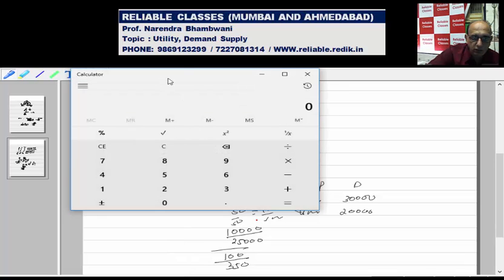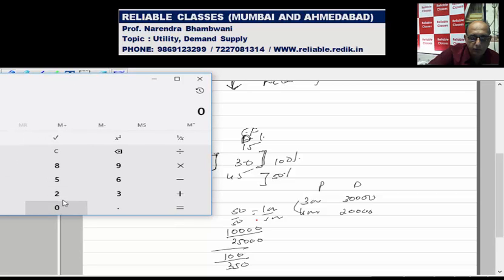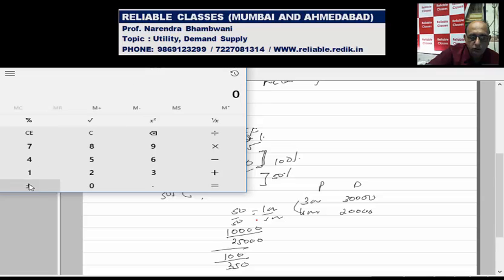देखिए calculator पे क्या आता है answer. See, it is 10,000 divided by 25,000 into 350 divided by 100.